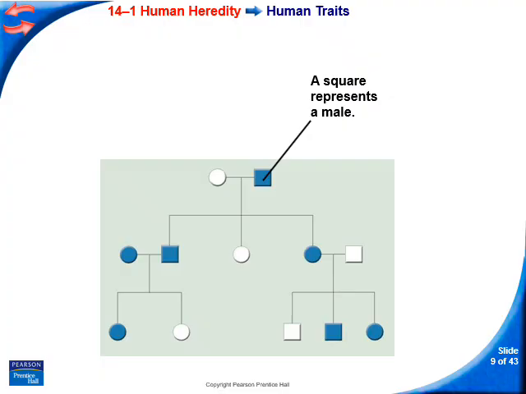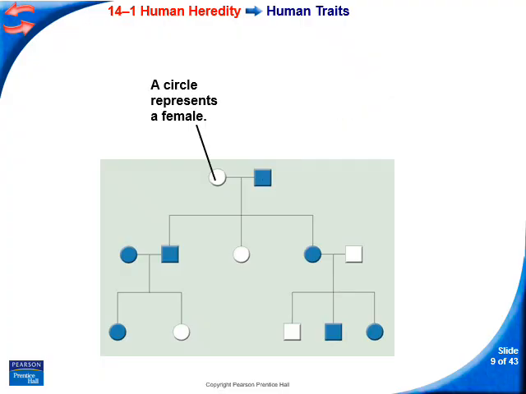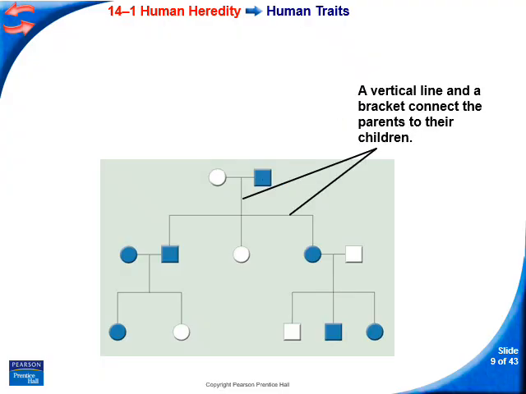So let's take a look at how you can read the pedigree chart. A square in a pedigree chart would mean a male. And of course, your circle would represent a female. Now, the vertical line and the bracket will actually be connecting the parents to their children.